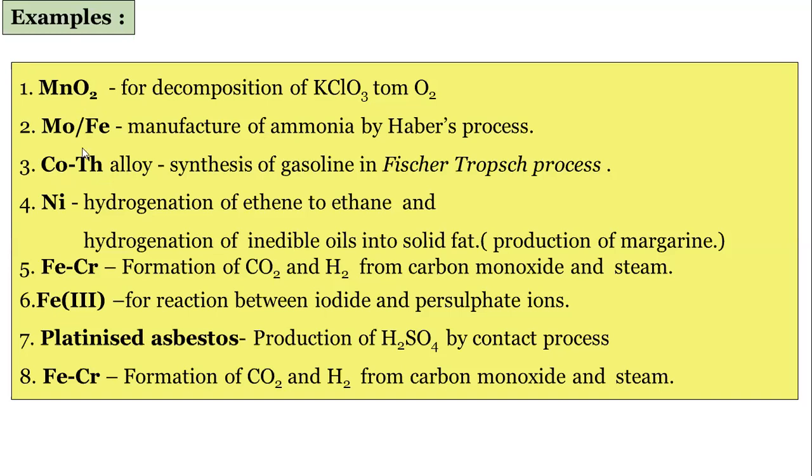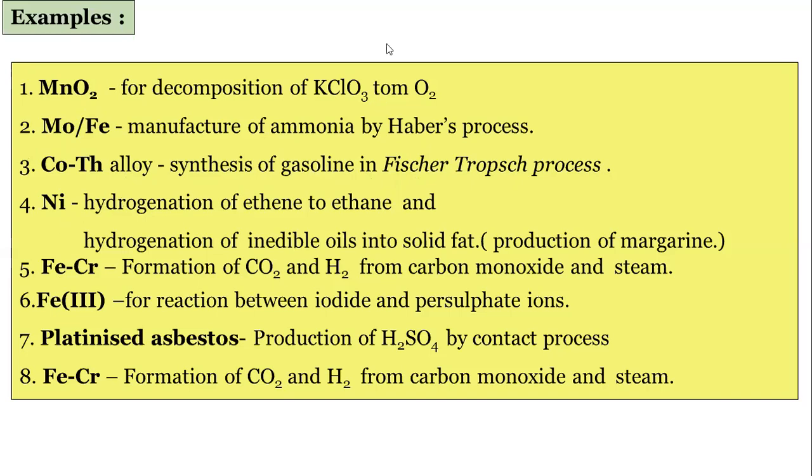Then Co-Th, it is an alloy of cobalt and thorium. This is used for the synthesis of gasoline in the Fischer-Tropsch process, the synthesis of petrol. In this process, this alloy is used as a catalyst, remember.